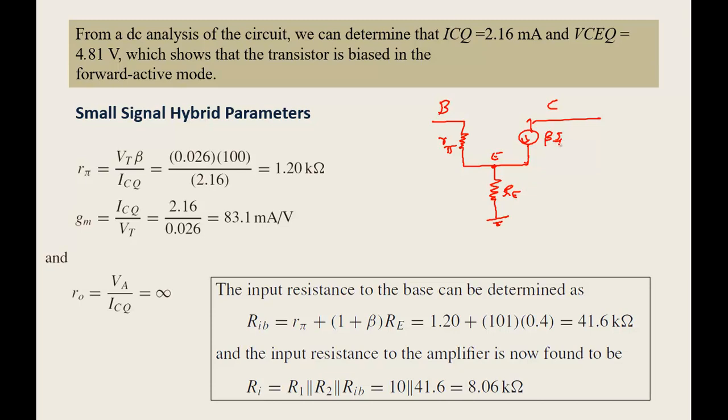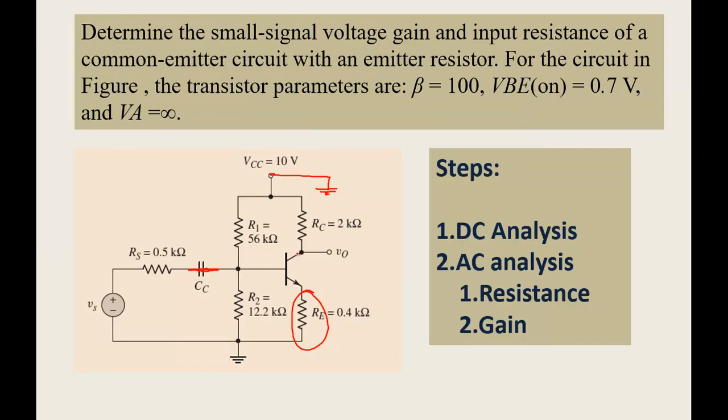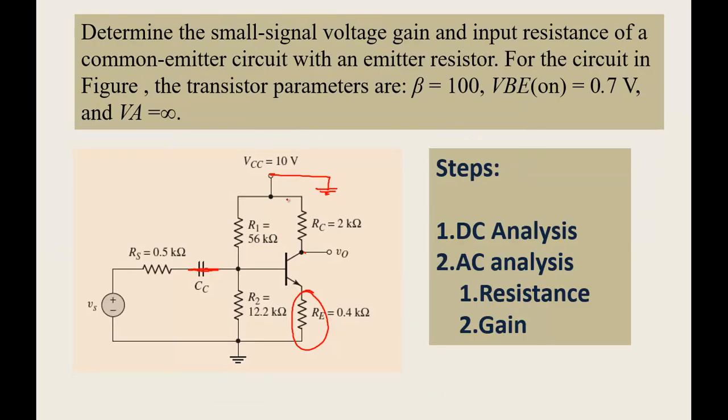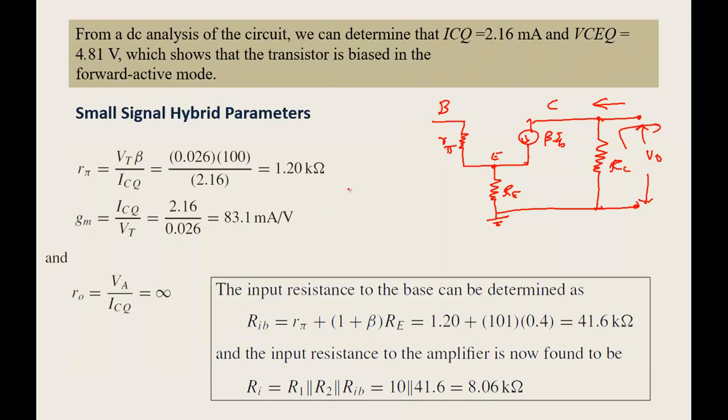I write it as beta IB because of some reason, I'll tell you. From the collector, RC is grounded. That's my RC, and the V naught comes from here. At the input side, I have R1, R2 and I have RS. R1, R2 in parallel, I will have only one resistance here.